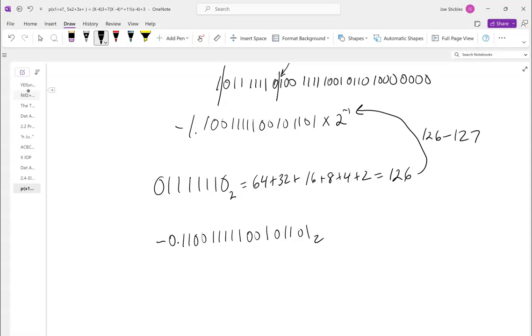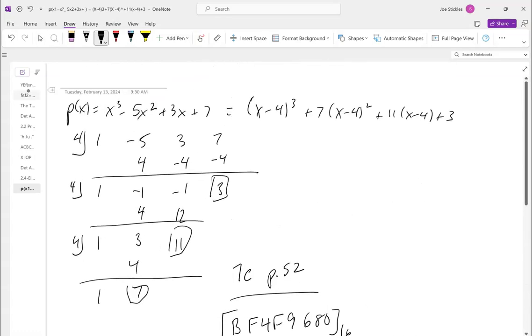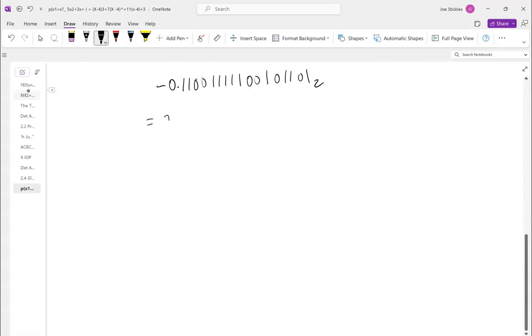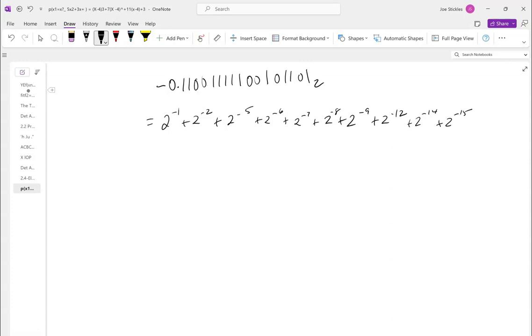So this would be 2 to the negative 1 plus 2 to the negative 2 plus 2 to the negative 3, 4, 5, 6, 7, 8, 9, 10, 11, 12, 13, 14, 15, 16, and 17.